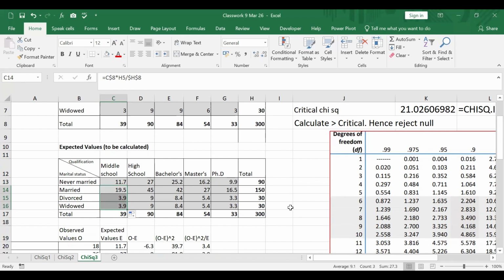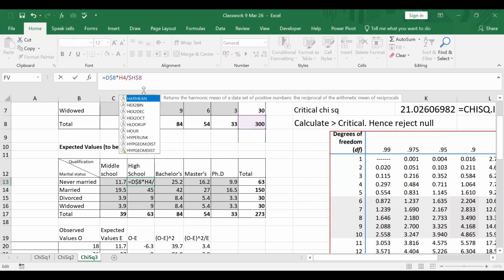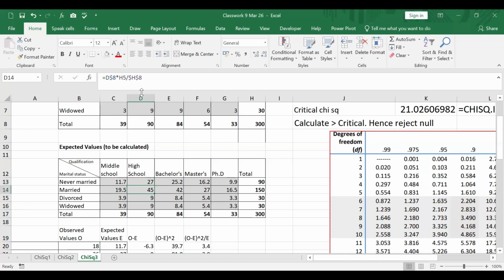So column-wise we can make one formula and then put a dollar sign there. Now when I copy from here to this side, C8, because the dollar sign is there, is no problem. But there is no dollar sign on H, so instead of I, it has to remain H itself.